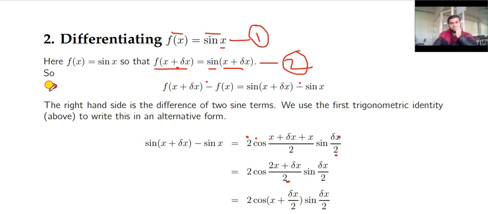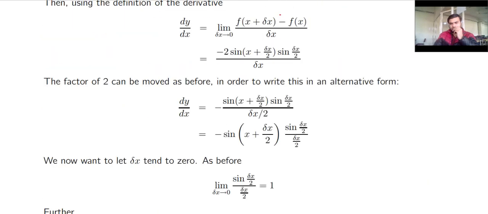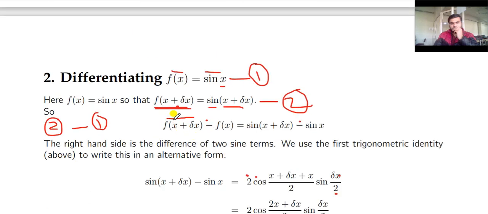So we write equation 2 minus equation 1. Here in equation 2 we get f(x plus dx) minus f(x). From the right hand side it is sin(x plus dx) minus sin x.